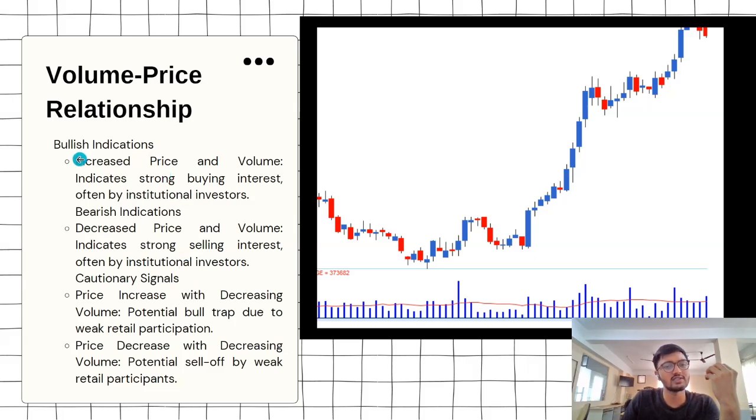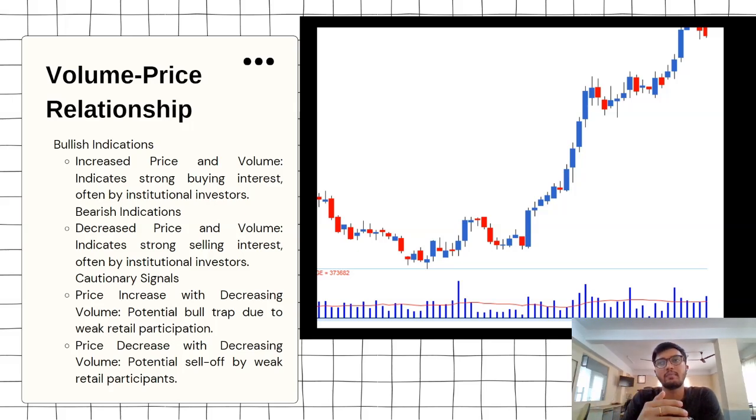Bullish indicators are increased price and increased volume, that I was talking about. Decreased price with increased volume indicates strong selling interest. And another case is when the price increases with decreasing volume. In a scenario where the price is increasing but the volumes are decreasing, there is a potential bull trap.